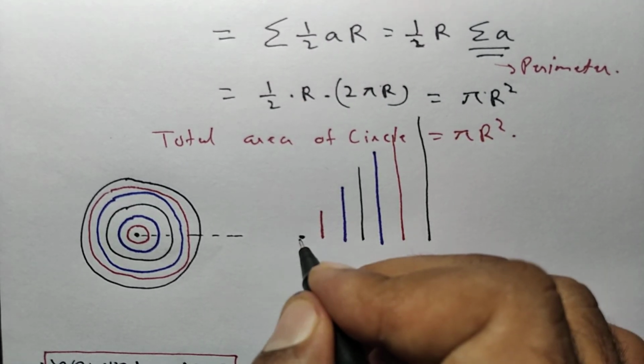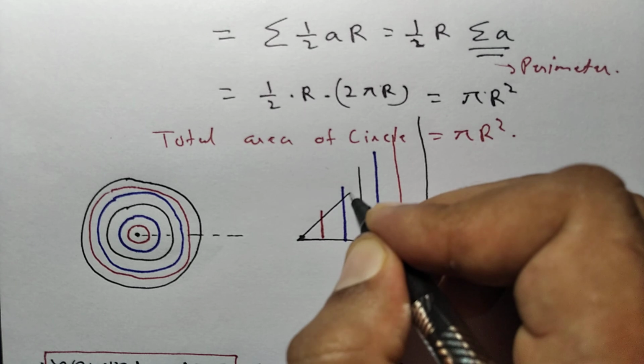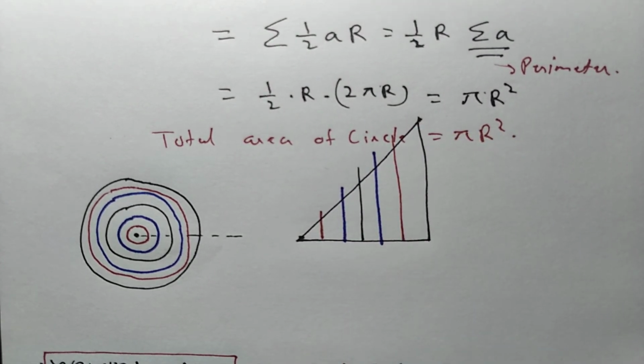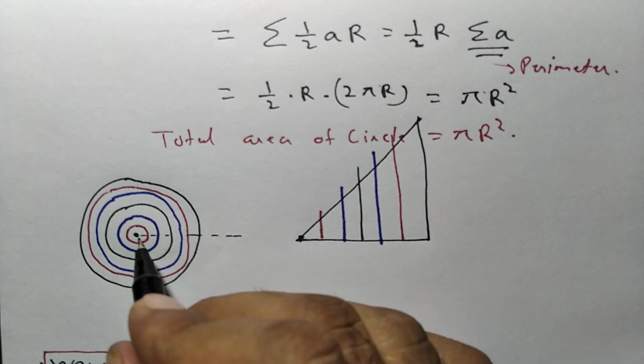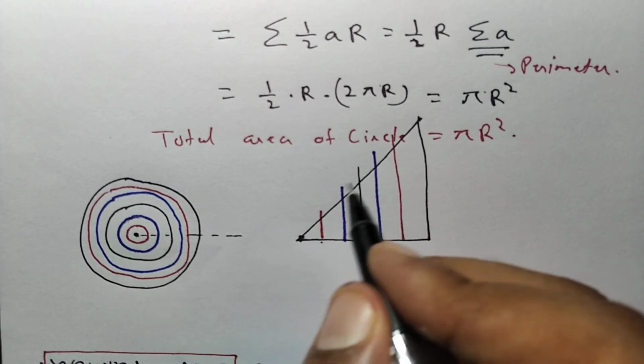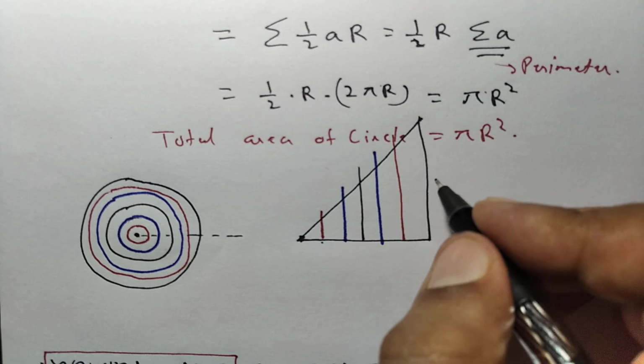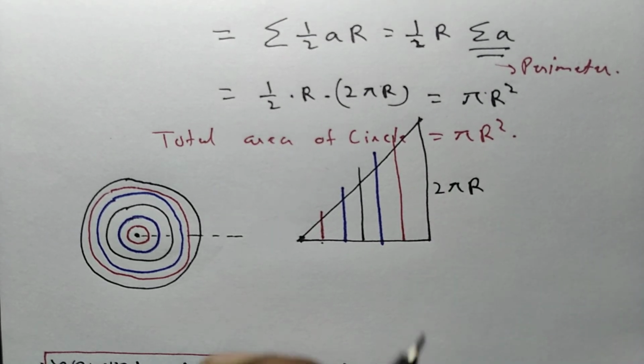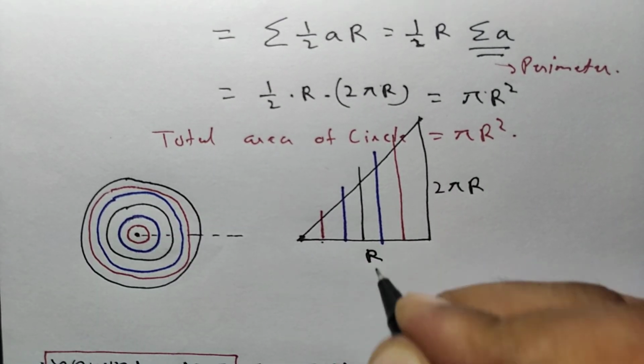Now what we get? We get a triangle. This is a small point, then this perimeter, then this perimeter, then this perimeter. So the final perimeter is our 2 pi r, and this segment is our r.